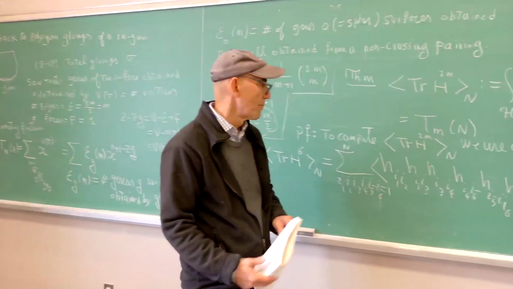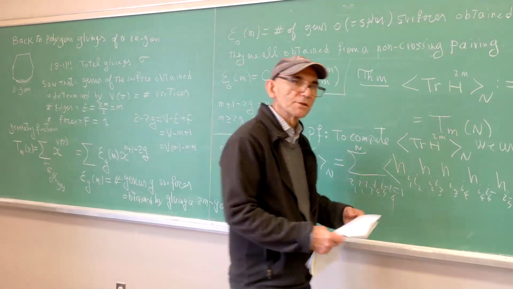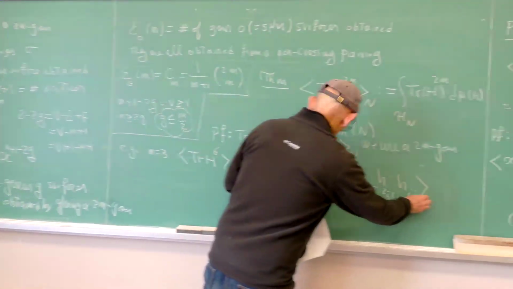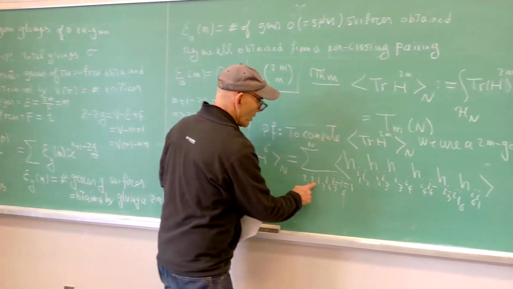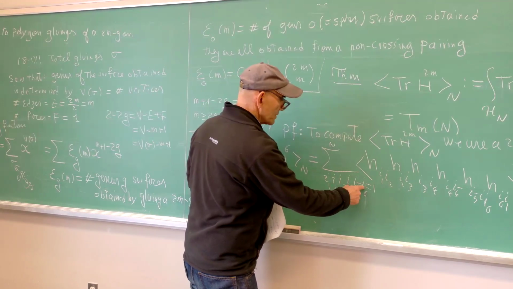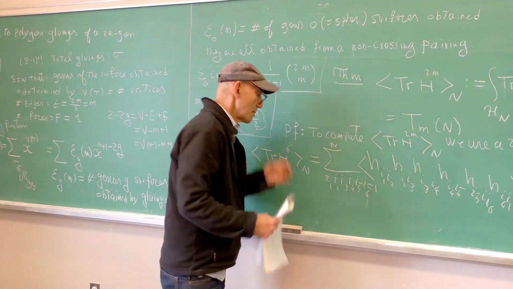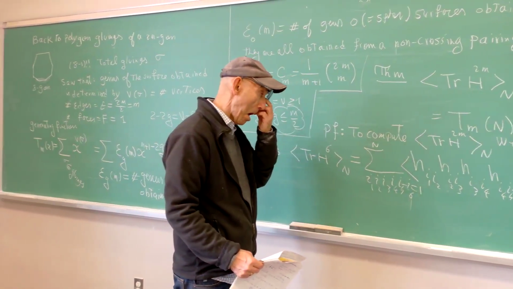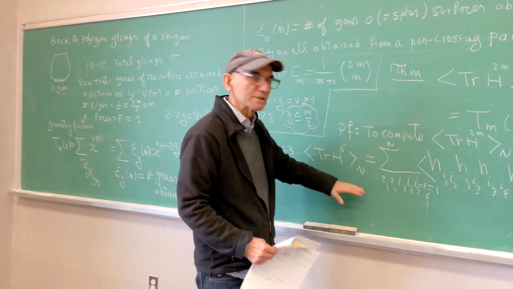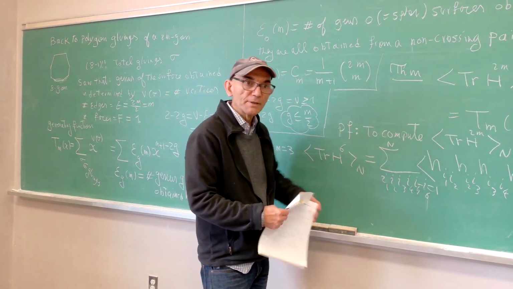That's correct. Now I have 6 terms here. So the sum is over i1, i2, i3, i4, i5, i6 from 1 to n. And then we use Wick's theorem.